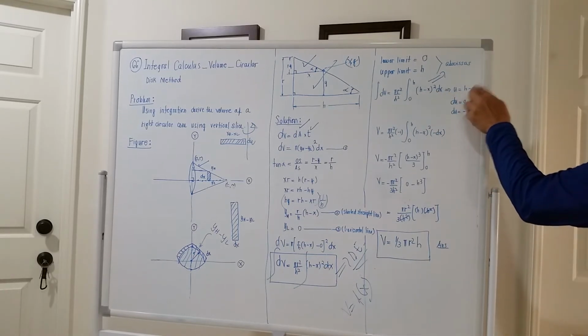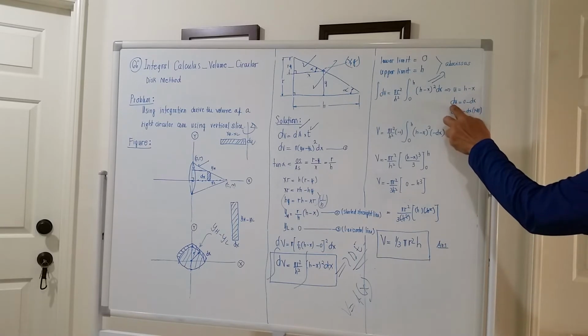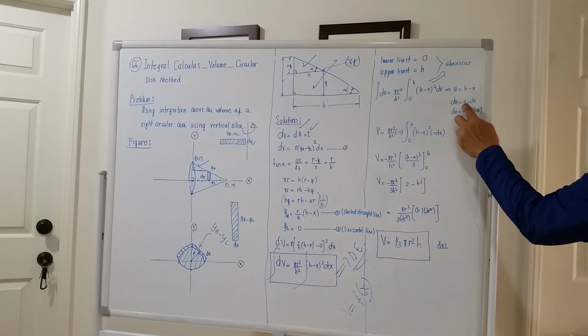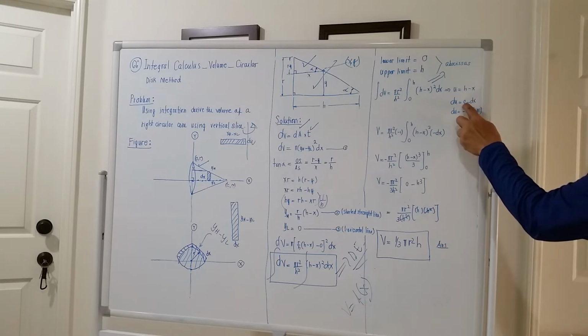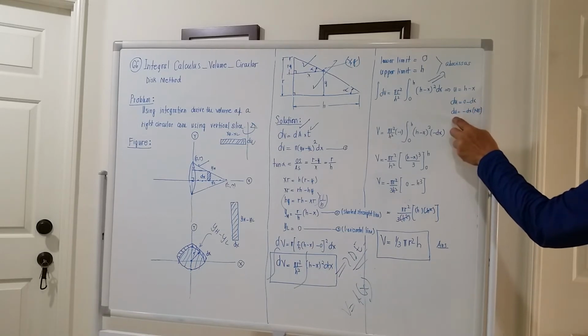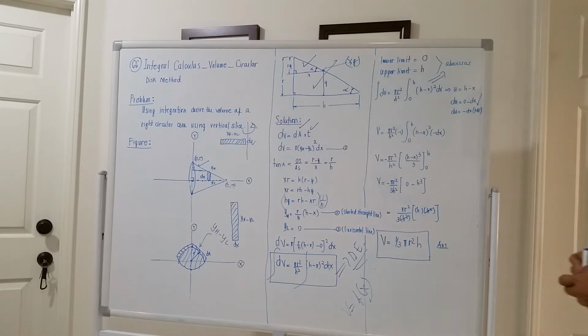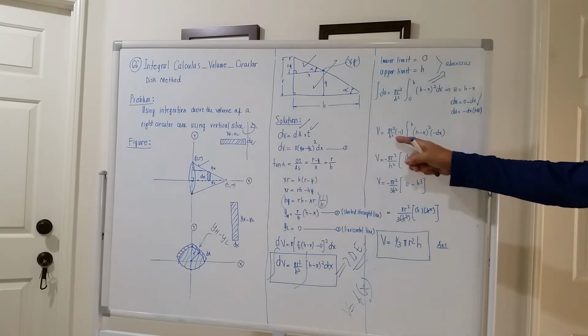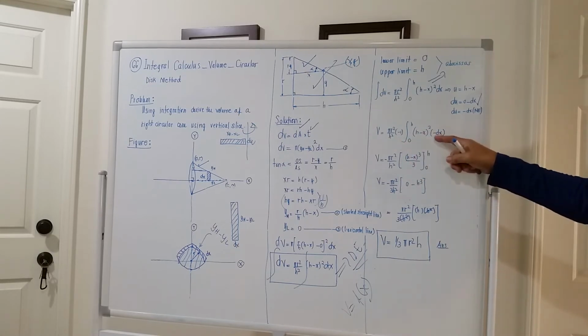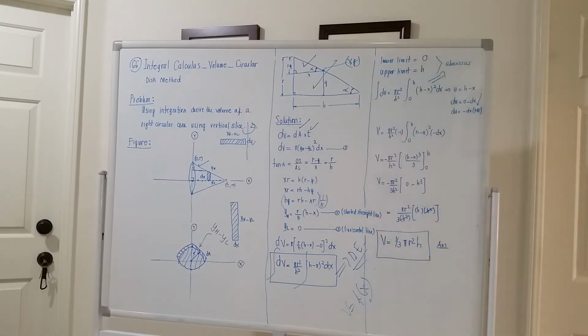U is actually h minus x. Du will be equal to, h is constant, so the differential will be 0 minus dx, or du is equal to minus dx. It is not exact. For it to be exact, we introduce negative 1 outside, then we place a negative sign inside, then we can now use the power formula.